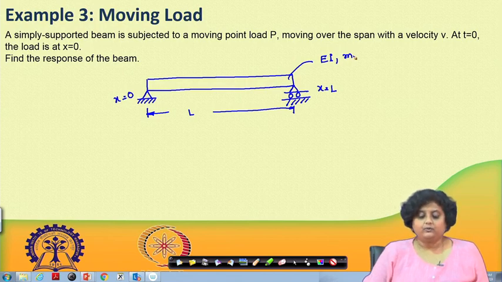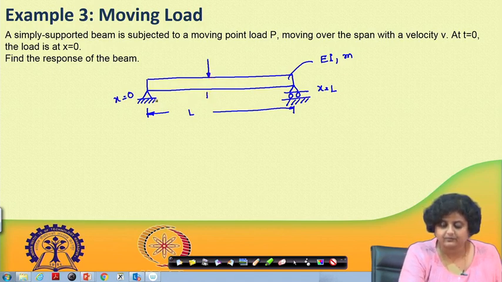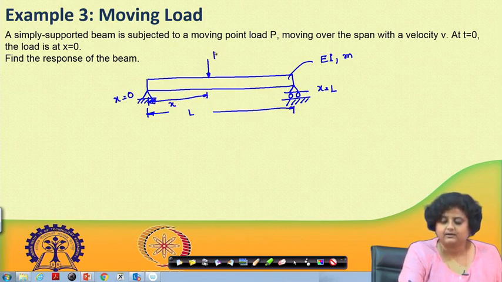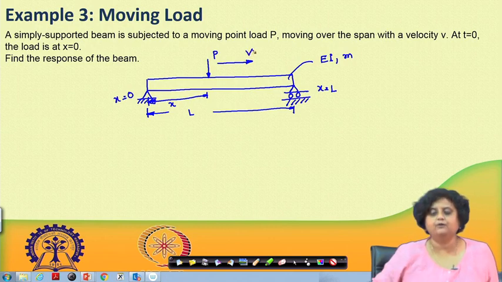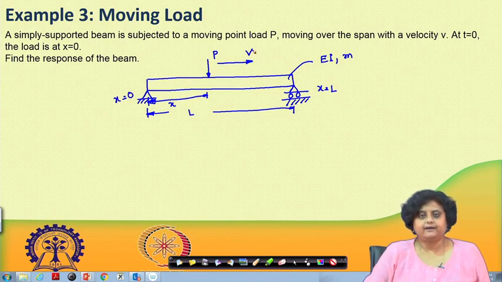Now, what we have here is a point load P at any arbitrary distance x, and this P is moving with a horizontal velocity of v. This problem is a simplification of the problem of traffic movement over a bridge.